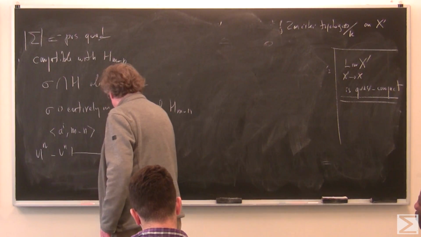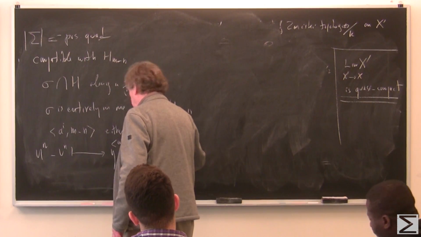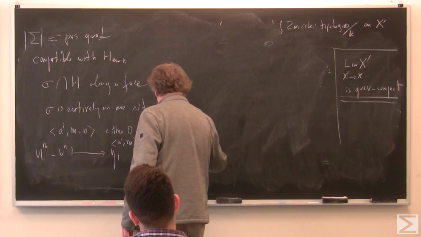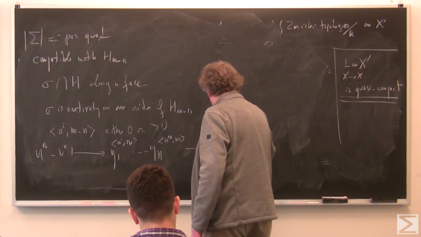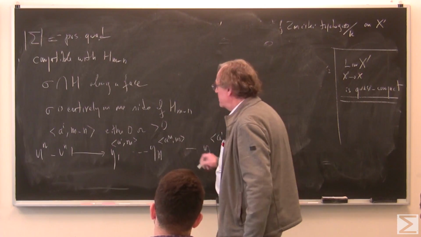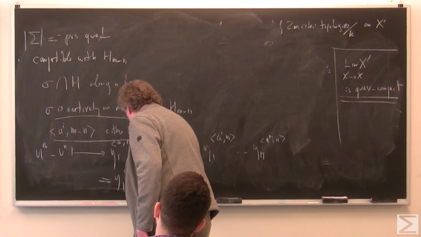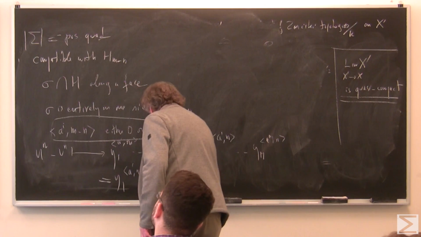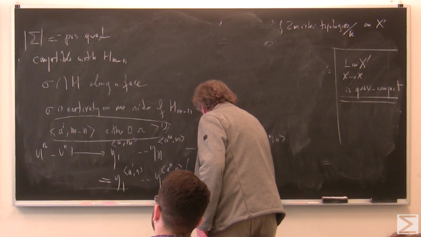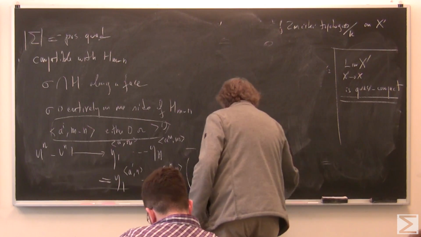My binomial becomes y1 to the a1·m, ..., ym to the am·m, minus y1 to the a1·n, ..., ym to the am·n. But look at that. I can rewrite this as y1 to the a1·n, ..., ym to the am·n, times a factor y1 to the a1·(m minus n), ..., ym to the am·(m minus n), minus 1.